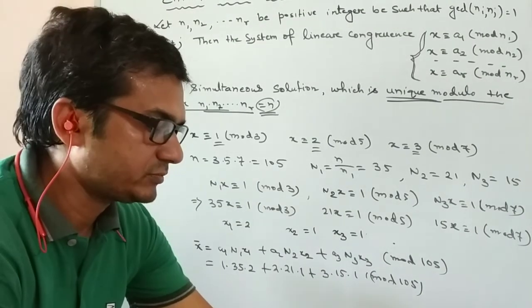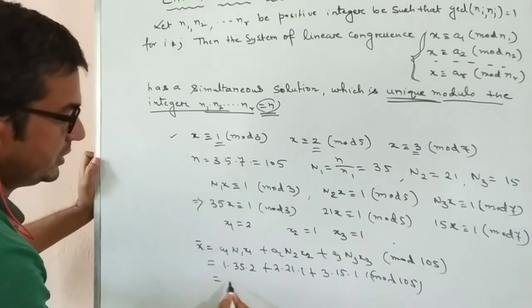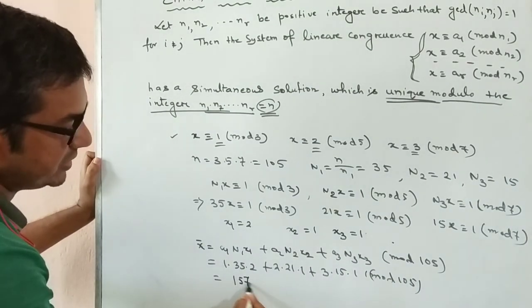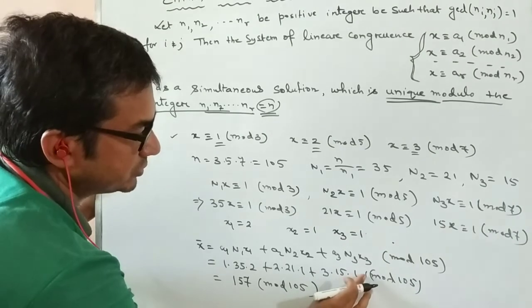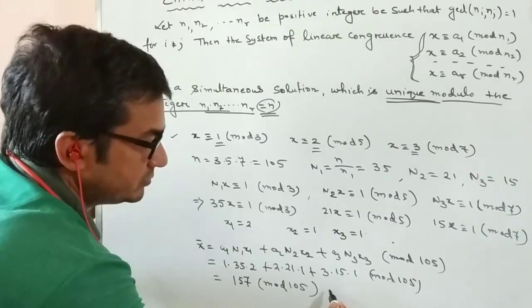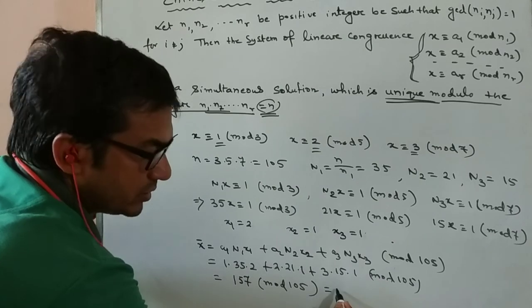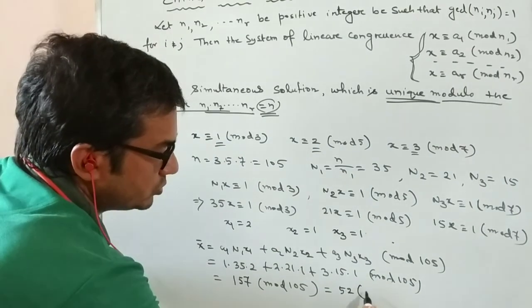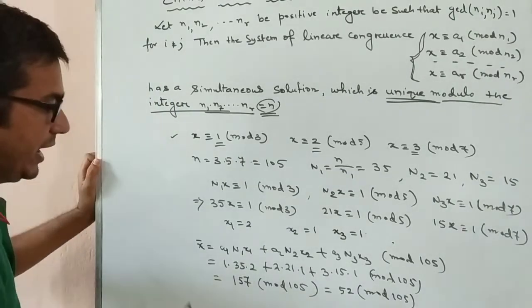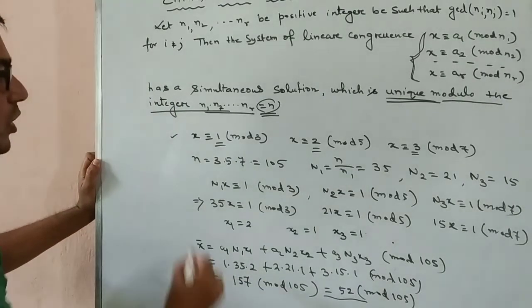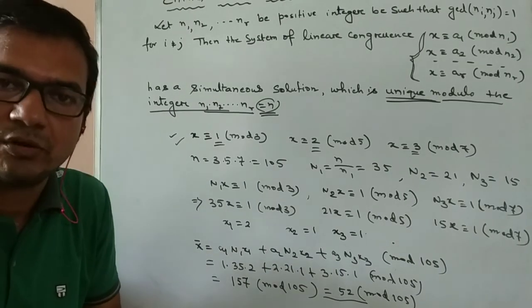That is 157 mod 105, sorry, that is 52 mod 105, and this is the solution of the system of linear congruences.